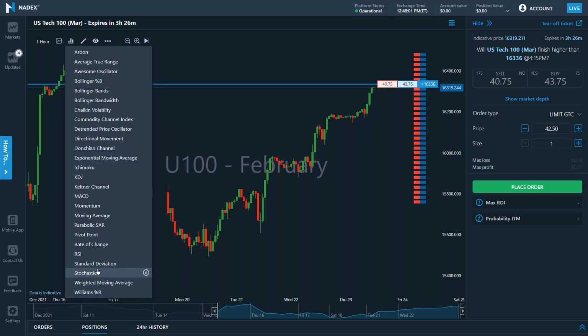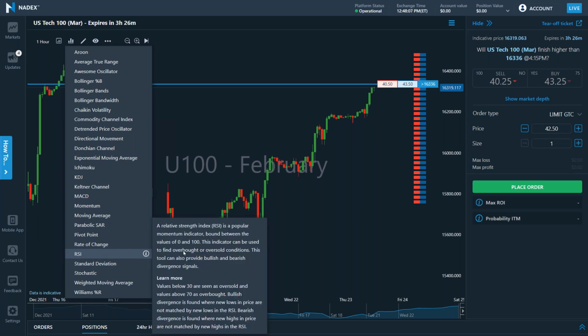So if you were wondering, for instance, about relative strength, we can drop that in. If you're not sure what relative strength means, it's a momentum indicator, and it's telling you, hey, is it being overbought? Is it getting to a range where it's too high, where you might be looking for sellers to step in? Is it oversold, where you might be getting to a place where buyers are going to step in?